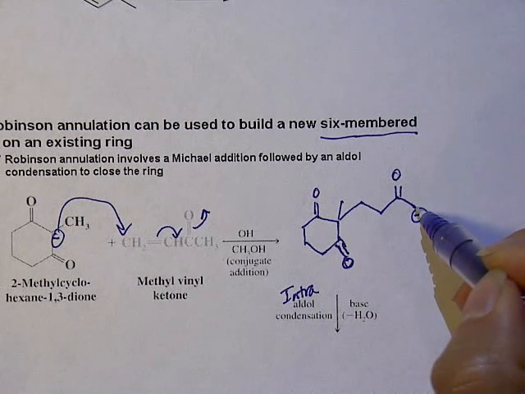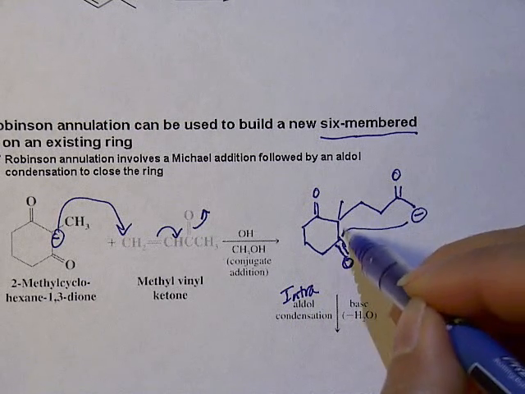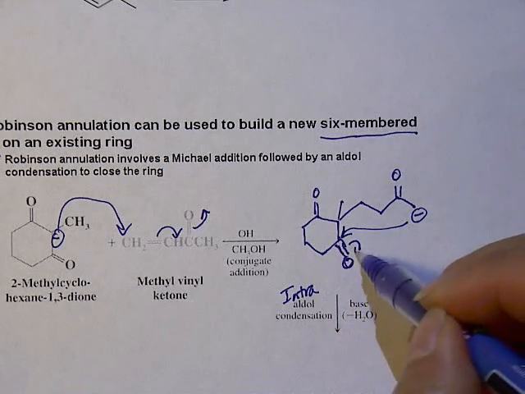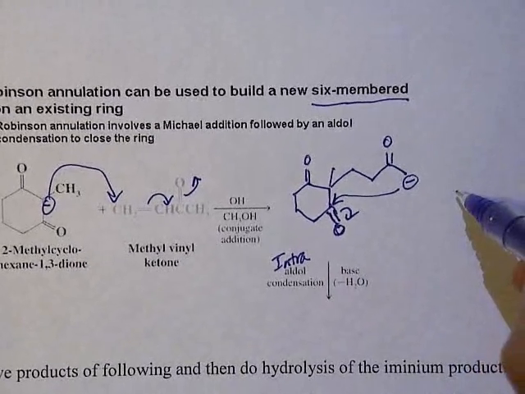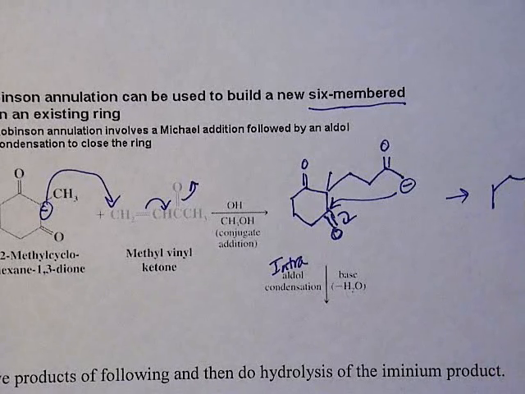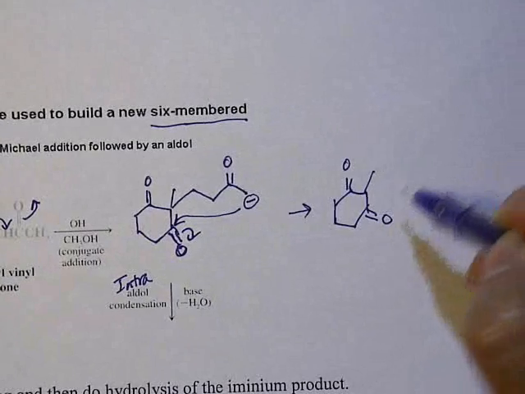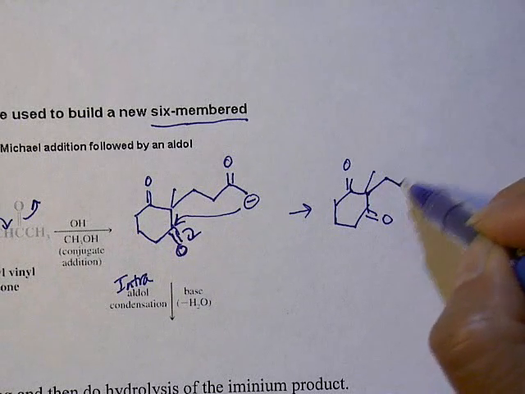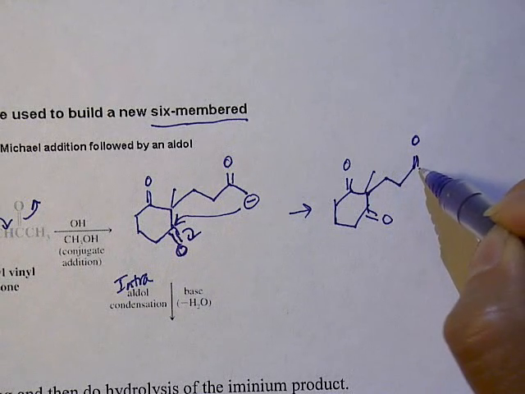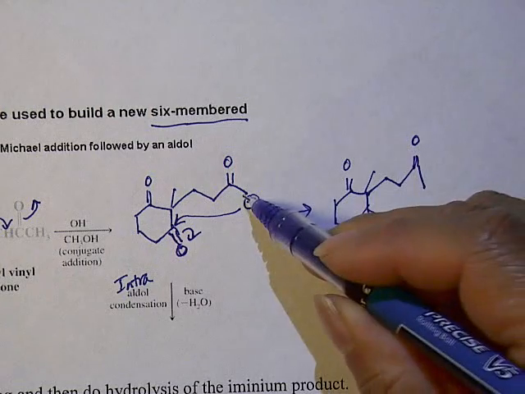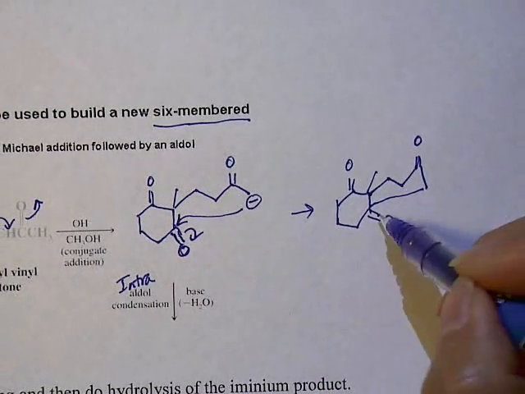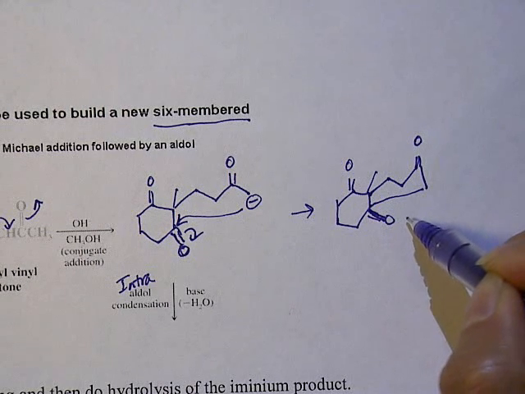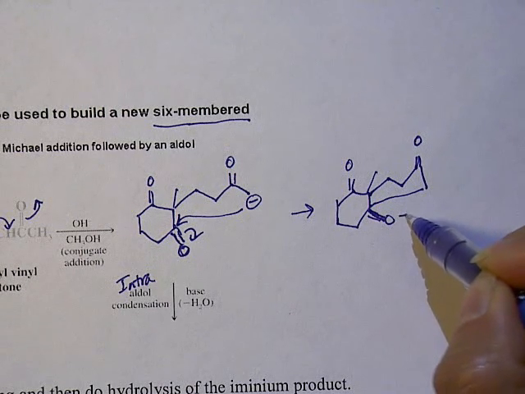So if you put a negative charge, make an enolate here, and then attack one of these carbonyls, you'll see that you form, so when you do that, I'm going to draw this. So the carbon-carbon bond formation occurs, right? And then this is O minus.